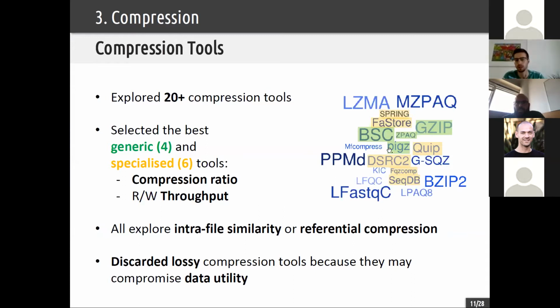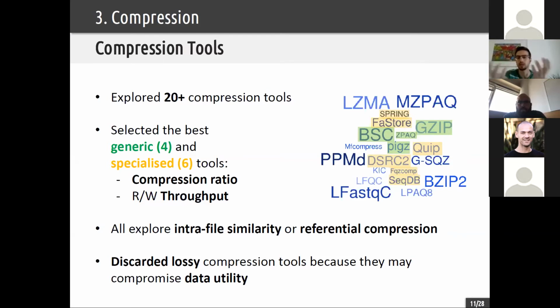These are the explored tools, and the green are the generic selected ones, and the yellow the specialized selected ones. All of them explore intra-file similarity, so they don't use 2 genomes to compare with each other and compress them, except for those using referential compression, where they have the human reference and compress using only that part.